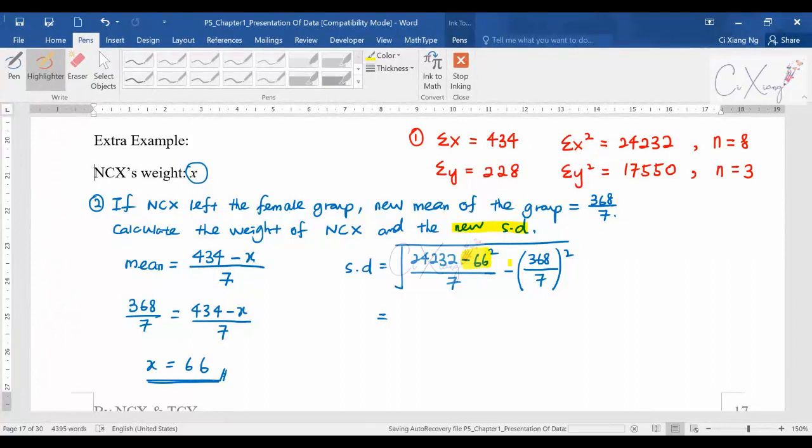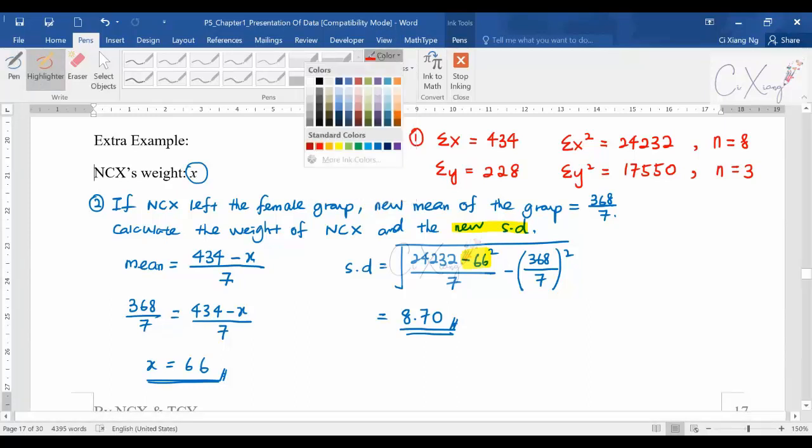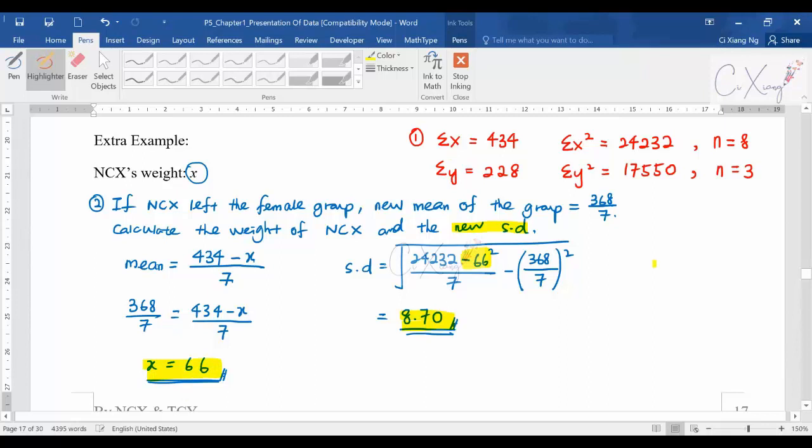Okay, so if I use calculator to try and get the answer, if I'm not mistaken, I should get the answer 8.70 in 3 significant figures. Okay, so this is when we want to leave a group. So you have to actually minus the data that you have.